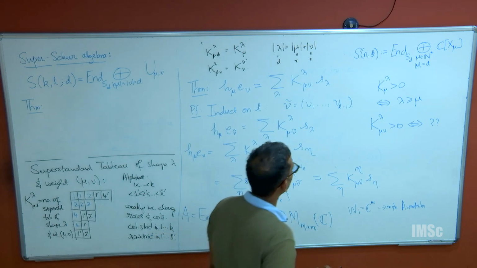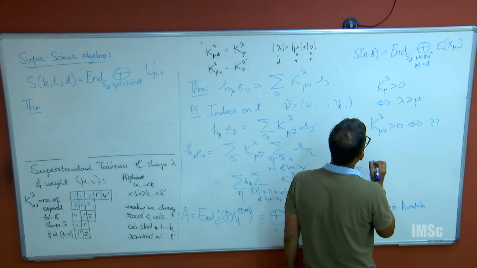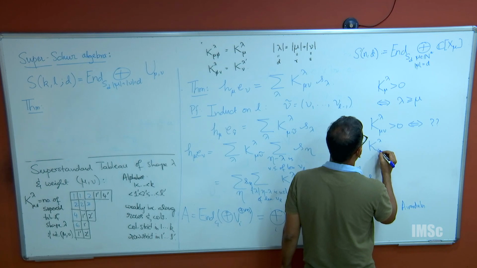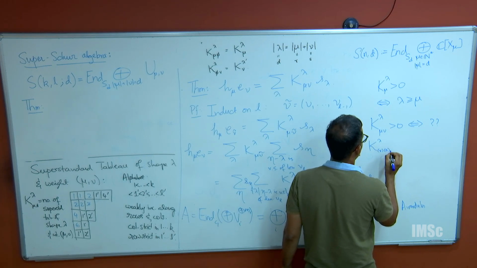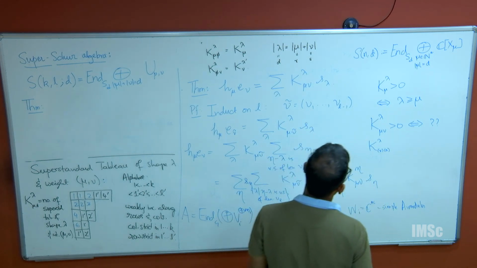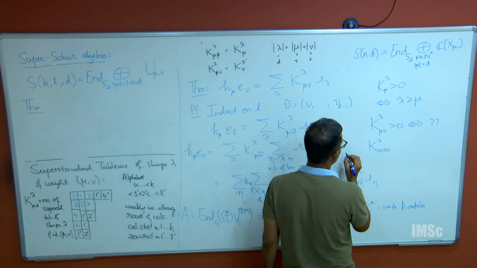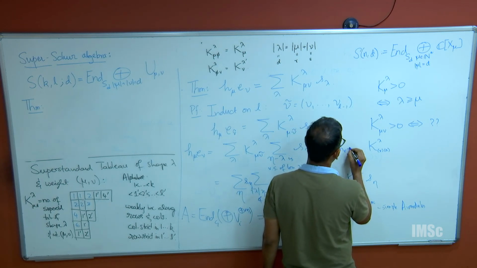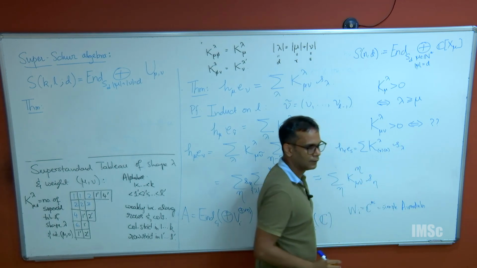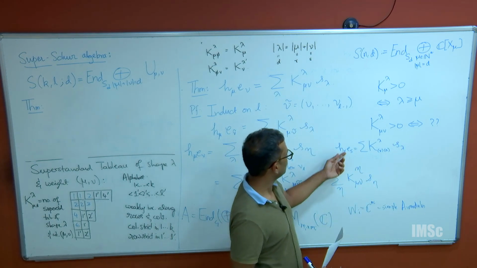So, let us look at one more example where say this mu and nu have only one part. Mu is a partition of R, nu is a partition of S. Well, how do we get a handle on this? What we need to do is look at H R E S. But from Pieri's rule, you know what this is.